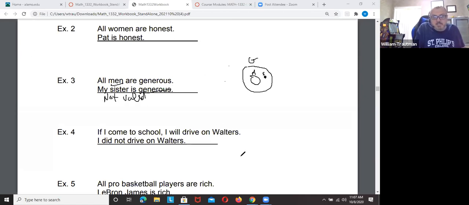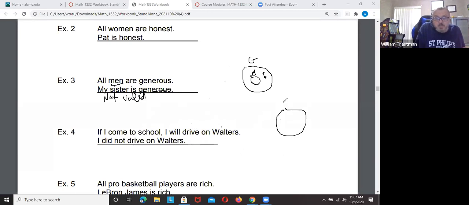Okay, so this next one, instead of all and all that, it's very similar. If I come to school, I will drive on Walters. It's kind of like saying every time I come to school, I drive on Walters.